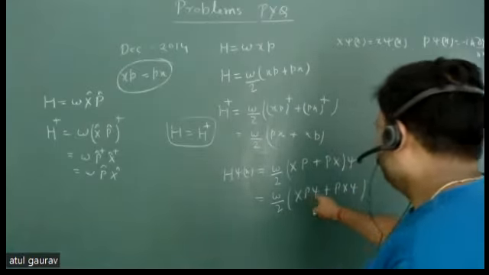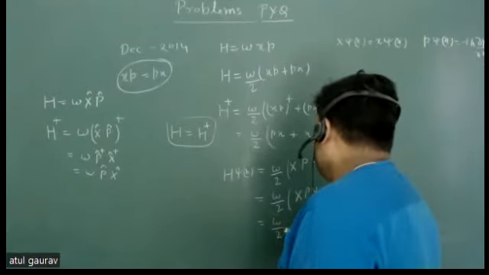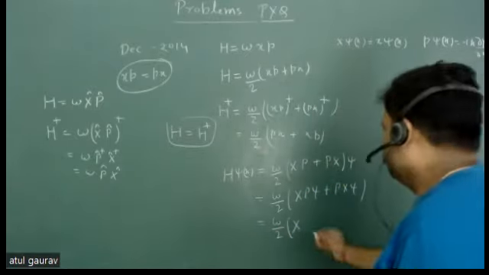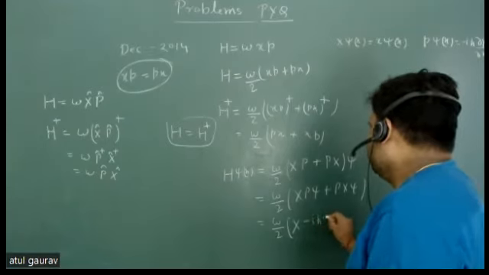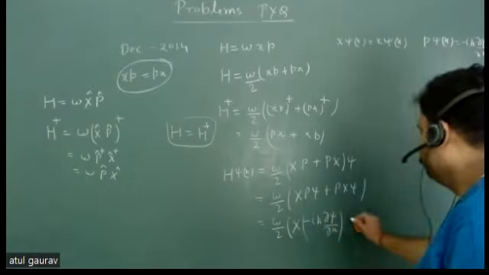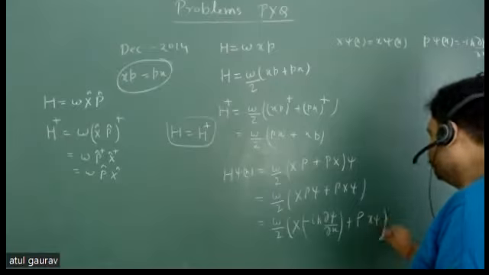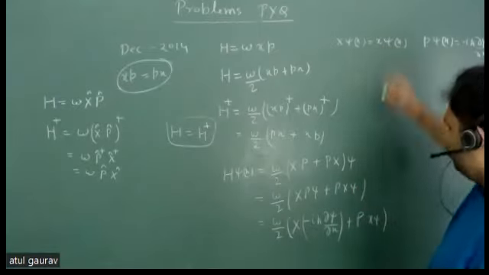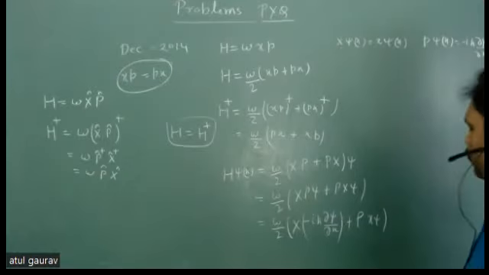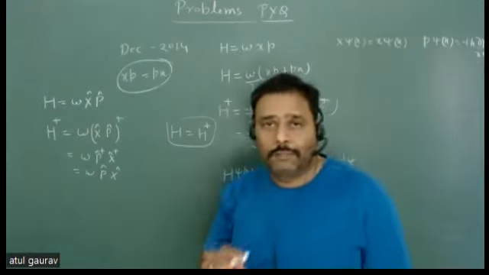When p operates on psi, we have omega upon 2, x stays as it is, and p operates on psi with the definition minus i h cut del psi upon del x, plus p operating on x psi. Here x is a variable and this is an operator, so you have to always be crystal clear about this notation.